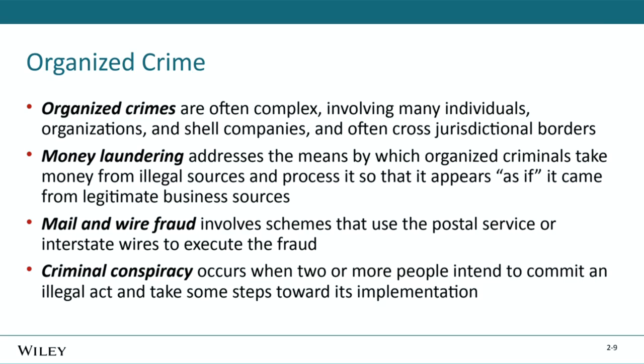A couple of examples of fraud, organized crime. Money laundering addresses the means by which organized criminals take money from illegal sources and process it so that it appears as if it came from legitimate business sources.